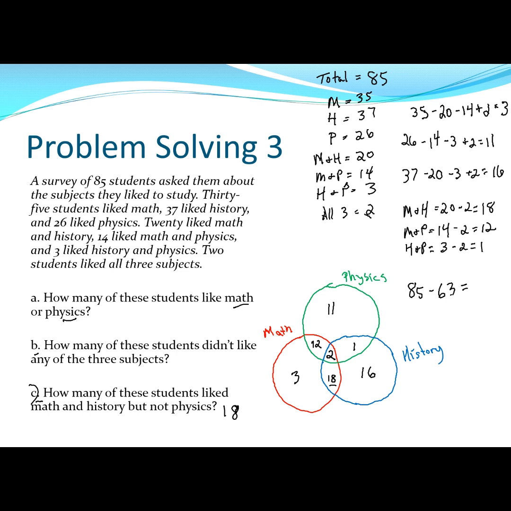So 85 minus 63, it's going to be 22. So we have 22 students who would be outside this Venn diagram because they didn't like any of the classes.